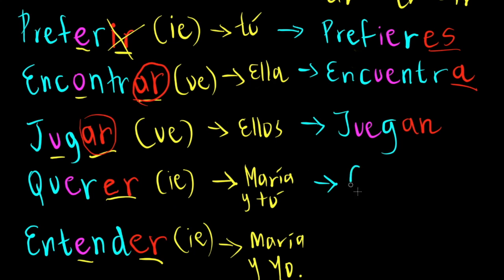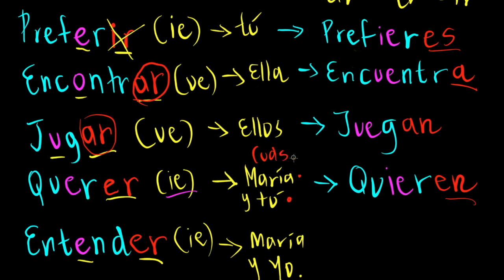We leave that R that is still there, supposed to be there, and then conjugate the ending. Change the ending to the conjugation. María y tú, right? The conjugation is quieren, because María y tú is the equivalent of ustedes, you guys, right? Ustedes. So it gets that plural conjugation. It's two people doing the action.